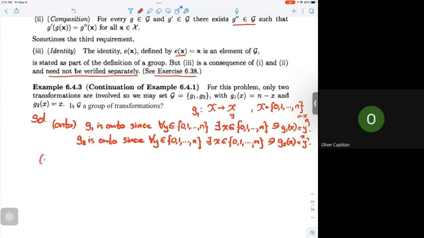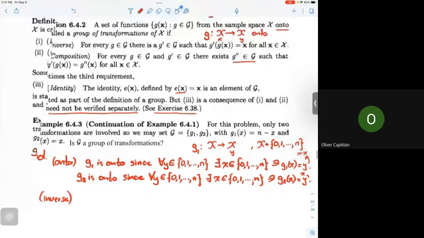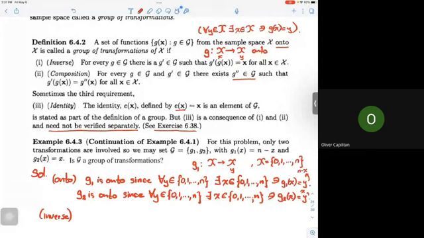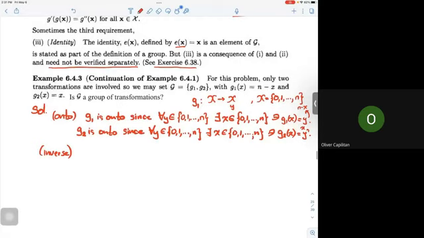Next, inverse. We are going to show that the inverse exists. Take note, for every g, there should be a g prime in script g. What could be the g prime of g1? So we have this g1 of g1 of x. What is g1 of x? g1 of n minus x. Okay?